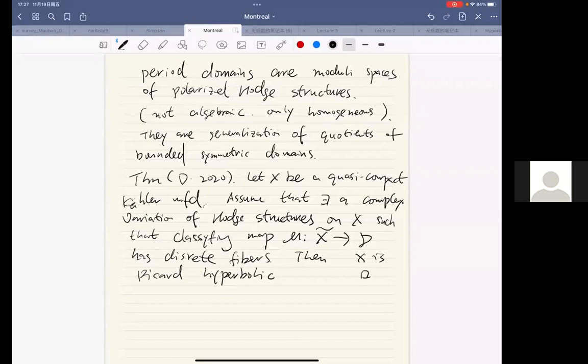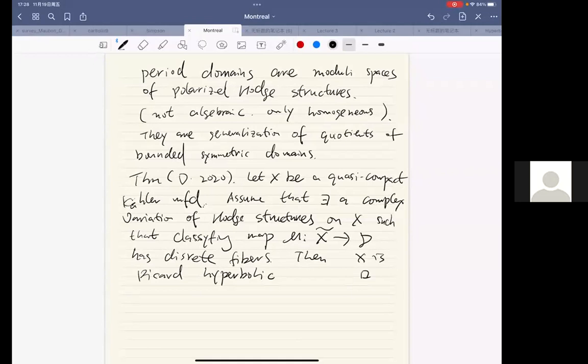Okay, just one word. This is a generalization of the theorem by Borel and Kobayashi, or Zhai, since we know that Hermitian symmetric spaces, quotients of bounded symmetric domains by some lattice, can always be realized as moduli spaces of variations of Hodge structures.